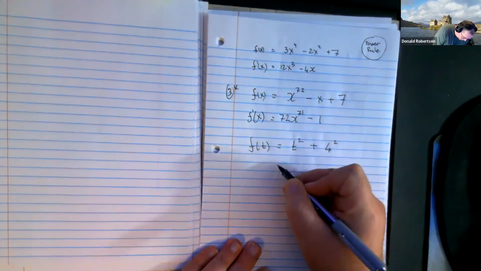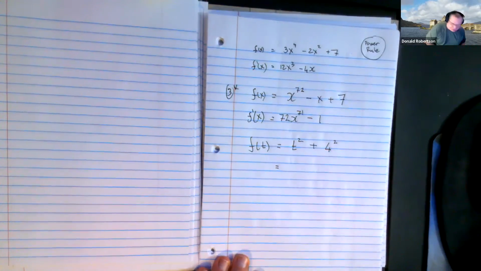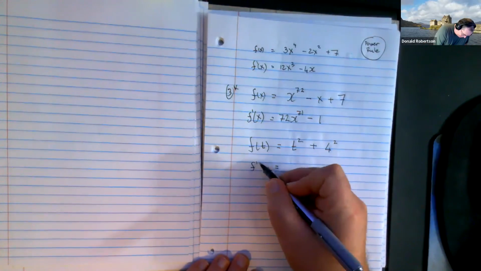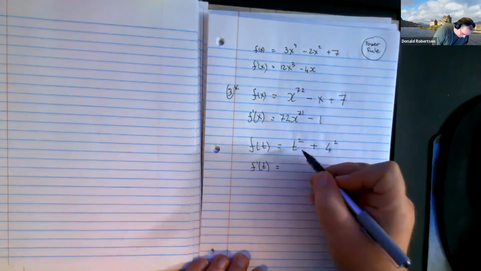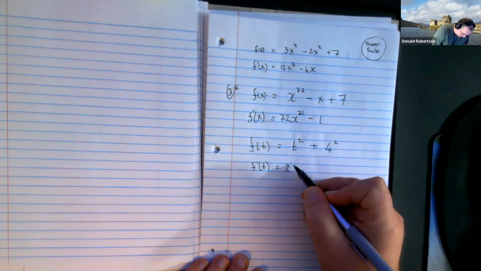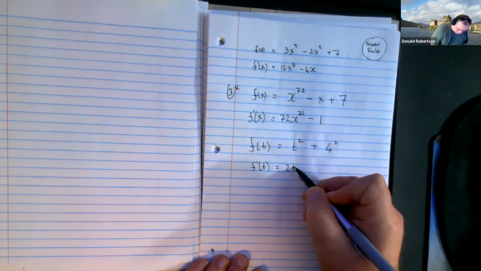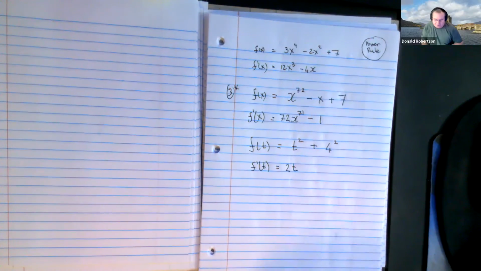And I am warning you, this is a trick question. I'm going to do the first bit. If you find the derivative of t squared and you use the power rule, you get 2t.